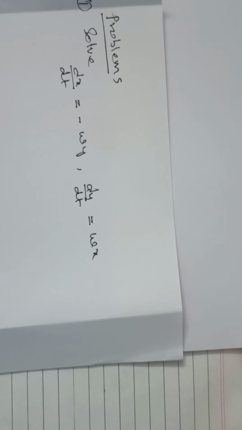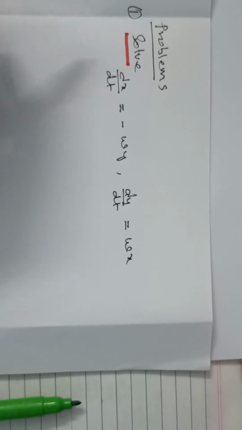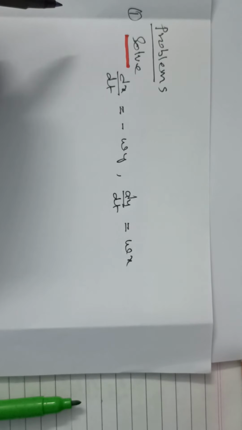So these are the simultaneous equations. The two dependent variables x and y, whereas only one independent variable. Solution for this problem.